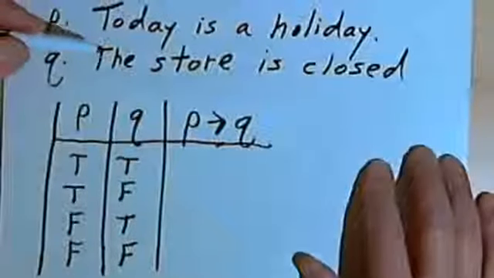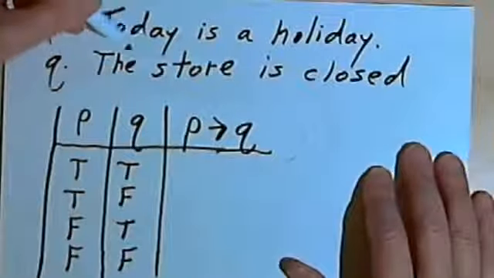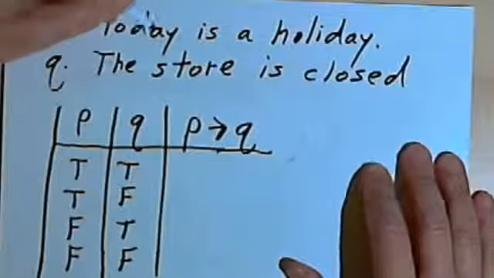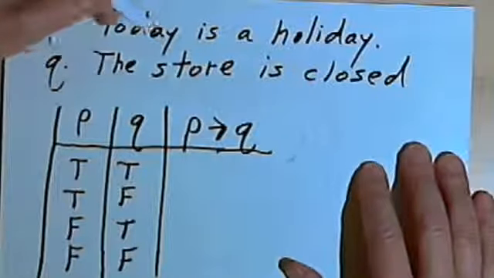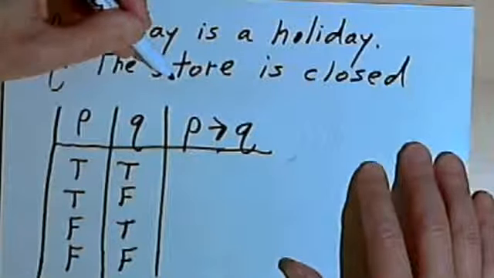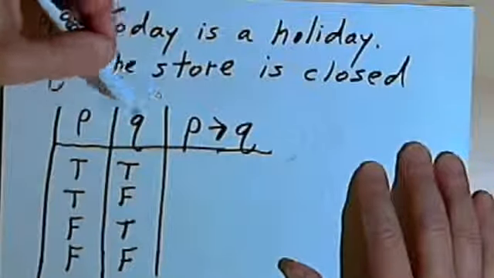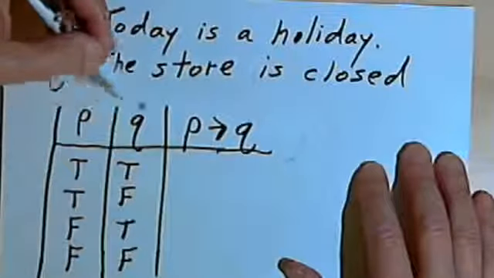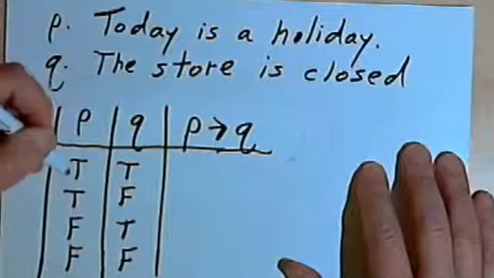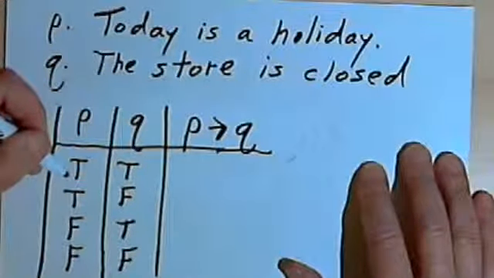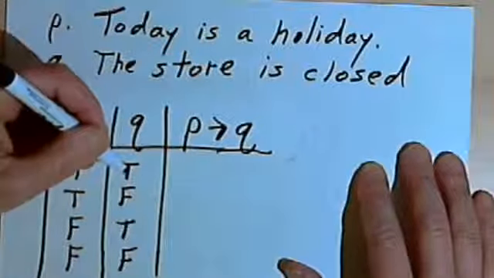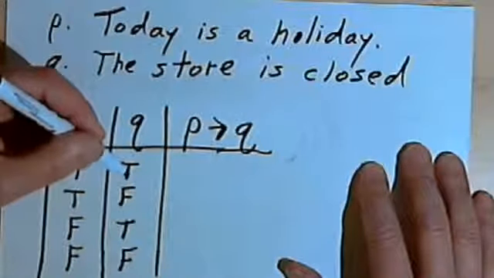So we're thinking in terms of the conditional statement, if today is a holiday, then the store is closed. And we want to see whether the expectations we would have for different conditions are met. So here's what I'm getting at. If I know that today is in fact a holiday, and the store is closed, then my expectation has been met.